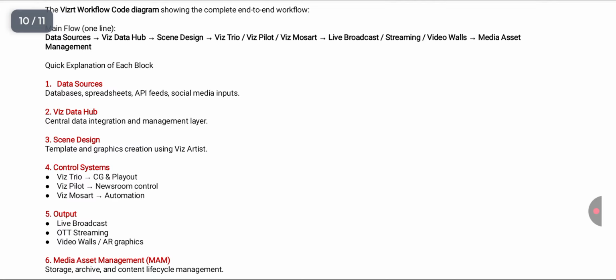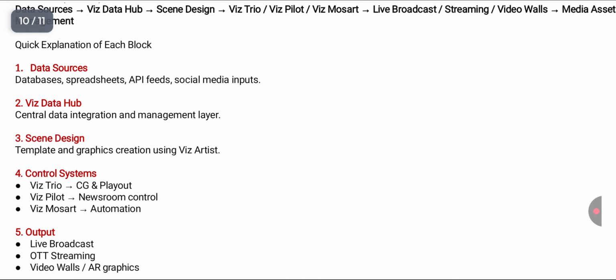Let's recap: data sources, database, spreadsheet, API feed, social media inputs, Viz Data Hub. I think it's too much, let me just zoom it. Viz Data Hub is the central data integration and management layer. Scene design is templates and graphics creation using Viz Artist.